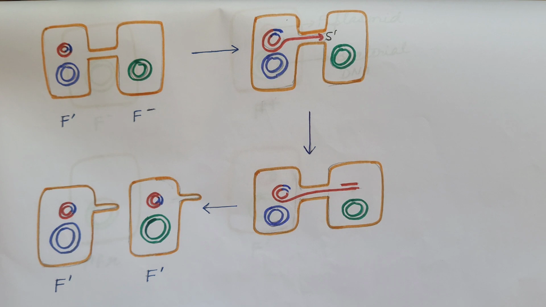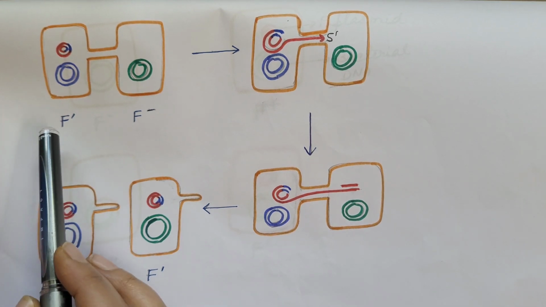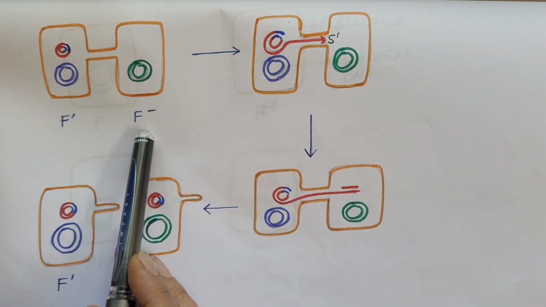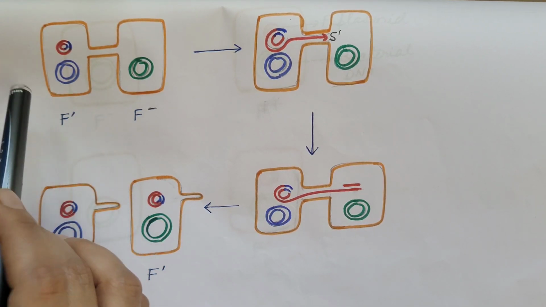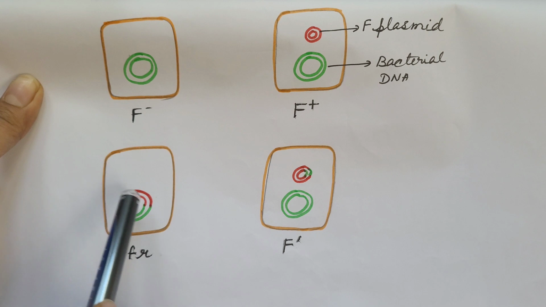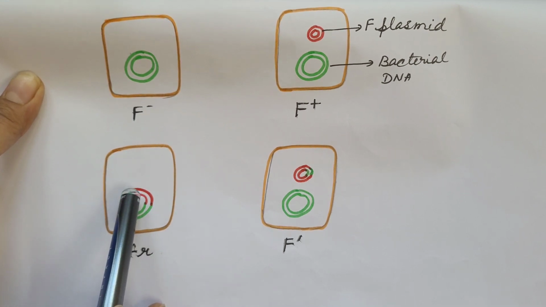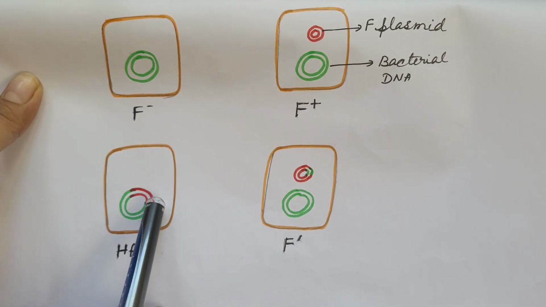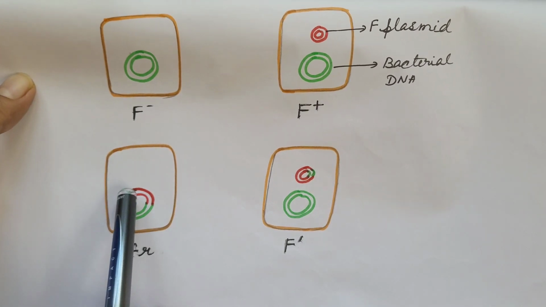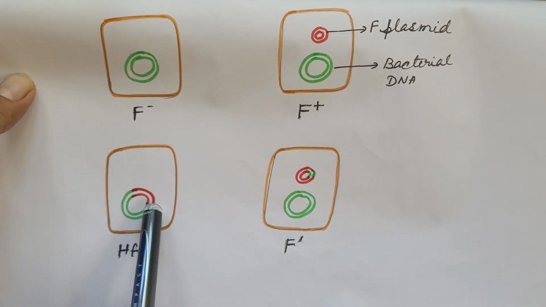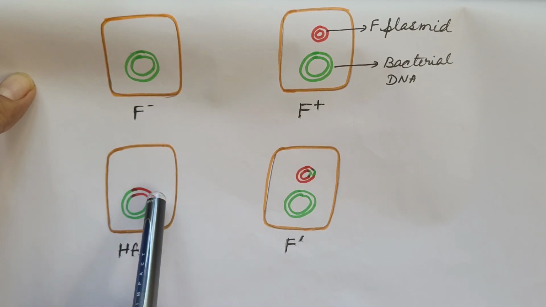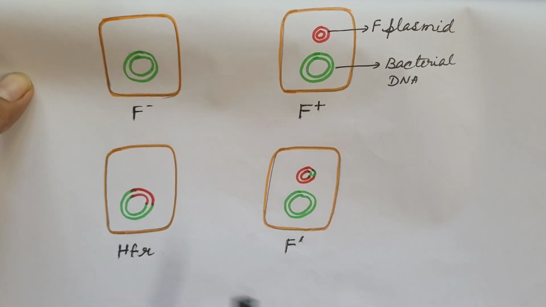Now let us see conjugation between F prime and F minus cell. First of all, let us understand what an F prime cell is. This is an HFR cell in which the F plasmid, shown in red, is integrated in the bacterial DNA, shown in green, by site-specific recombination.